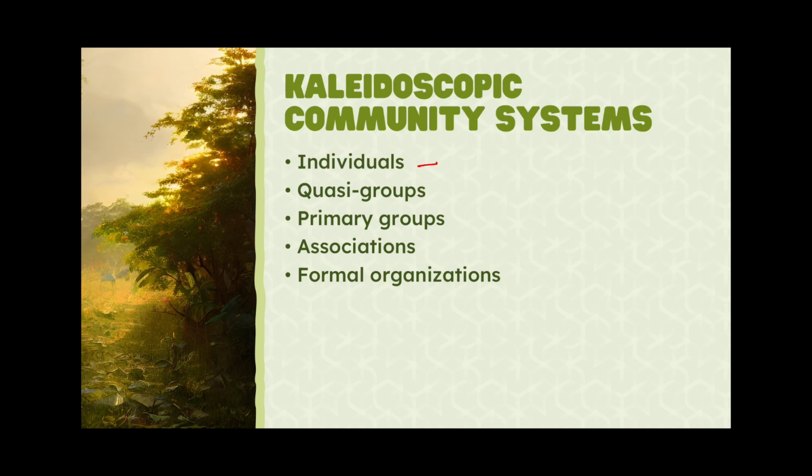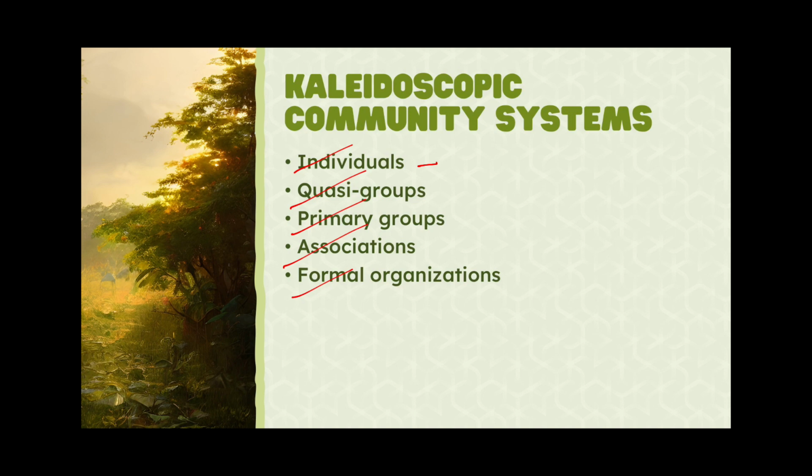Number two, a kaleidoscopic community system looks at these particular levels of individuals, quasi-groups, primary groups, associations, and formal organizations, and thinks that they are always interacting at different times, at different levels, in various circumstances.